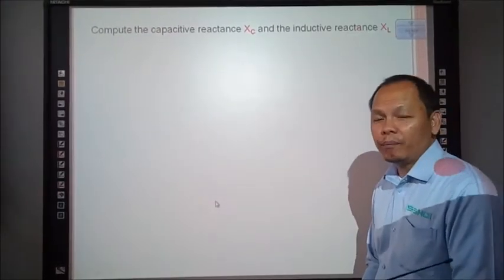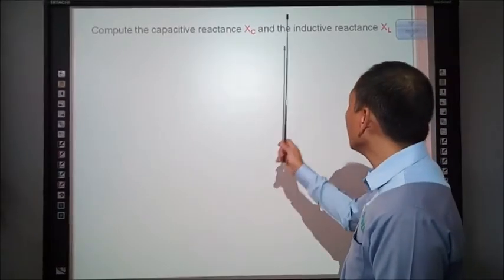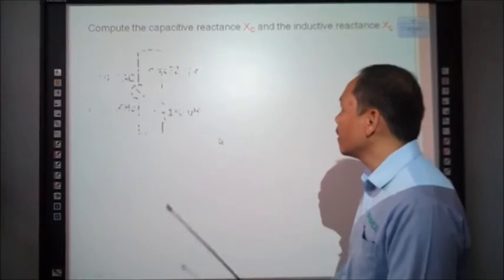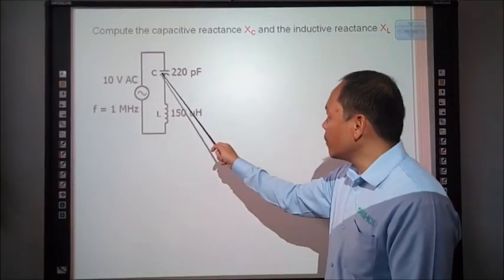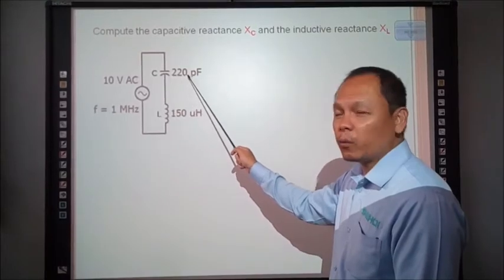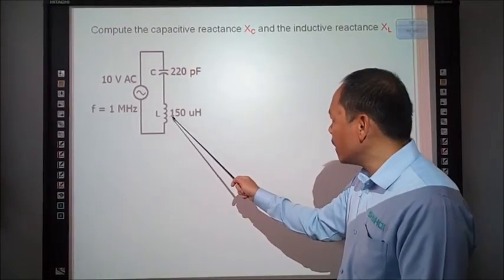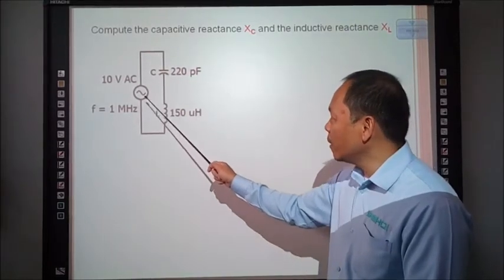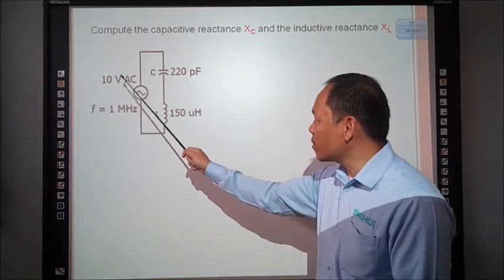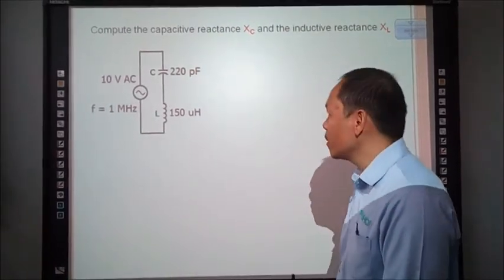Now, let's compute the capacitive reactance, XC, and the inductive reactance. The given circuit has a capacitance of 220 picofarad, an inductance of 150 microhenry, an AC voltage of 10 volts, and a frequency of 1 megahertz.